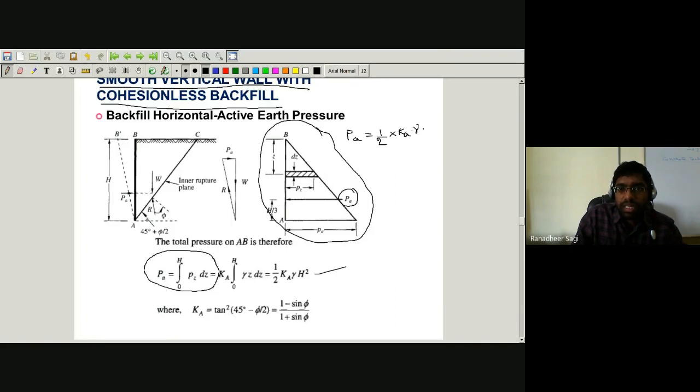Sigma B was gamma into H, because H was the maximum depth of the retaining wall, where Z is nothing but H. So that is the width of the triangle, and the height of the retaining wall is H. So from that I get half into gamma into Ka into H square. The same thing is what we also get from the integration function. So it is not that we are getting something different.